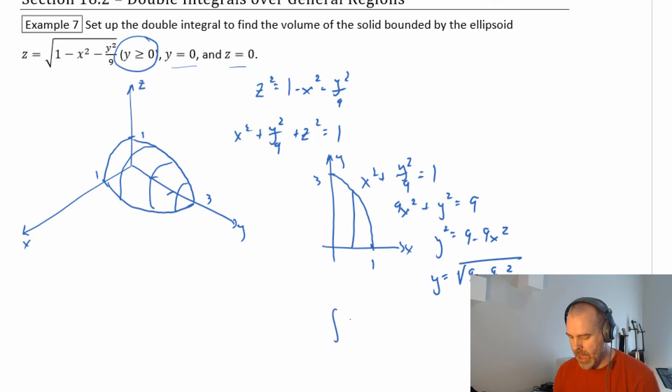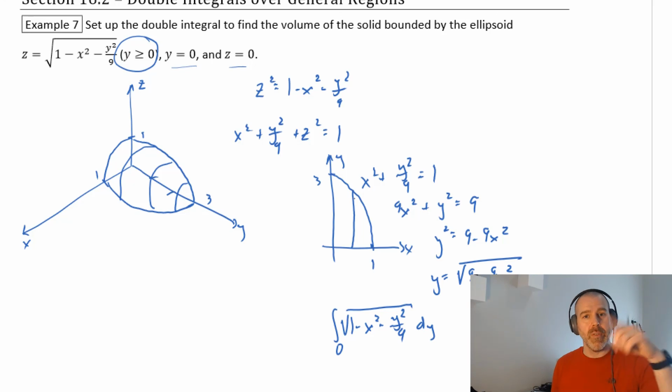We're going to integrate y, and so there's our function, and we're going to integrate that with respect to y. Y starts at 0 and ends up at this curve in the xy plane, which we just found was the square root of 9 minus 9x squared.